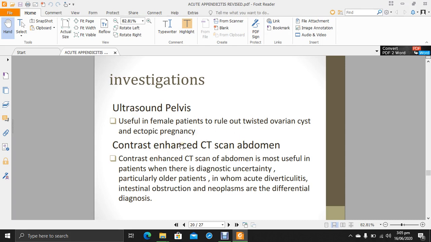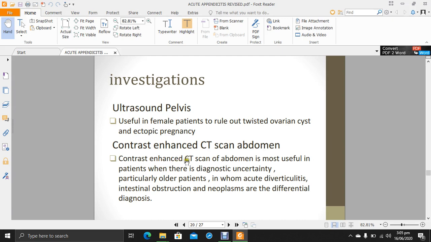And CT scan is very important in old age patients, especially when there is suspicion of malignancy, tuberculosis, mass, diverticulosis.